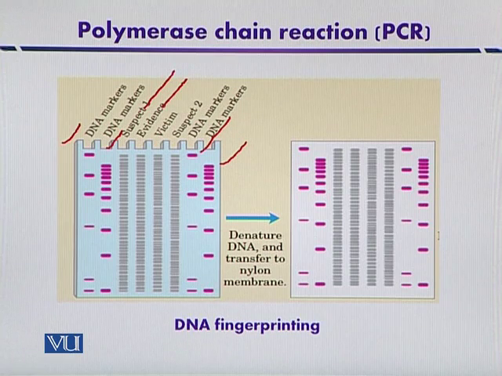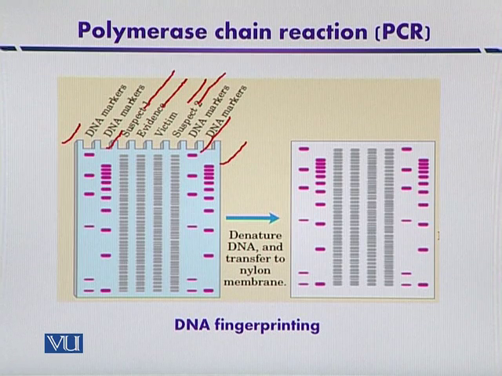Like suspect and victim DNA, they are run together, and different suspects' DNA can be loaded on the gel, and after running, the banding pattern can be compared to know whether the criminal is associated with this particular crime or not.